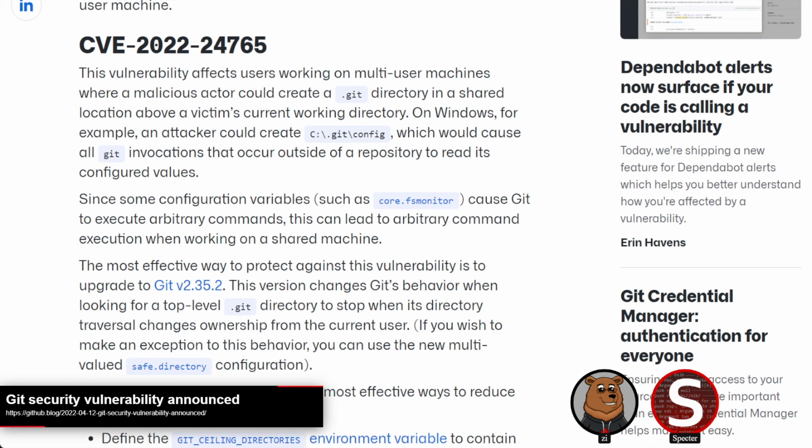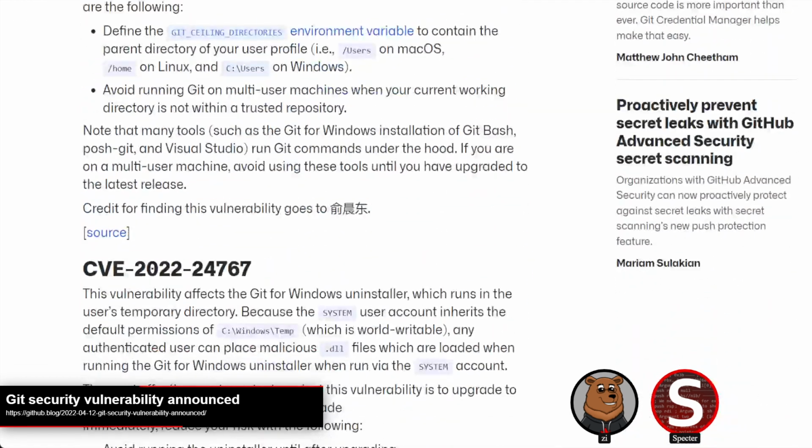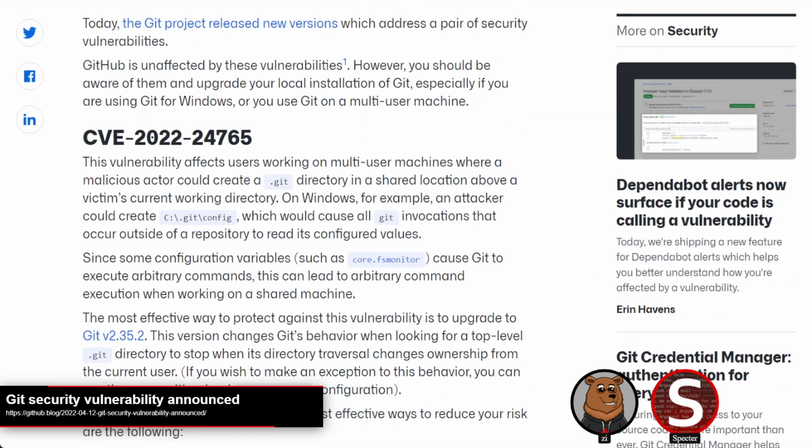There's two of them. The first vuln is the fact that when you use Git outside of a repository, Git will traverse up the current directory to look for Git configuration information, and it will traverse past ownership boundaries. So on a shared system, it's possible for a malicious user to write a malicious config at some higher level directory, like directly in the root of the C drive or something.